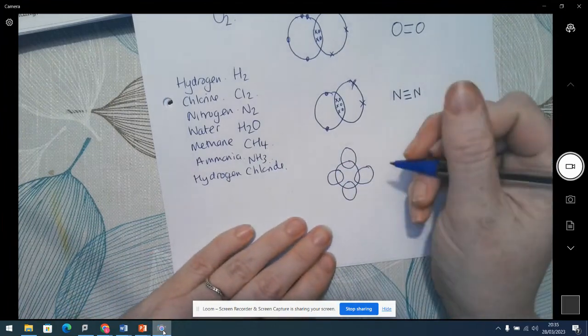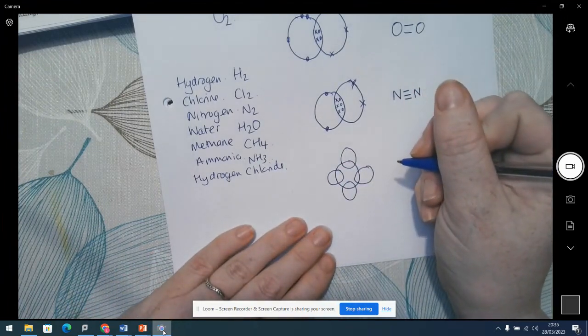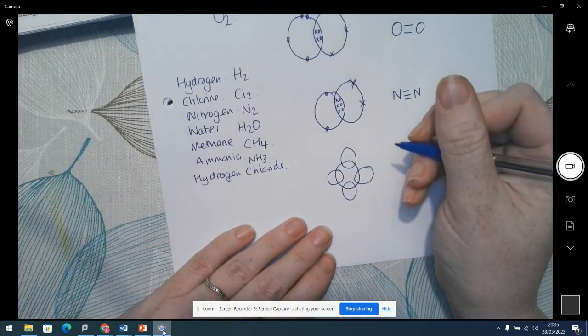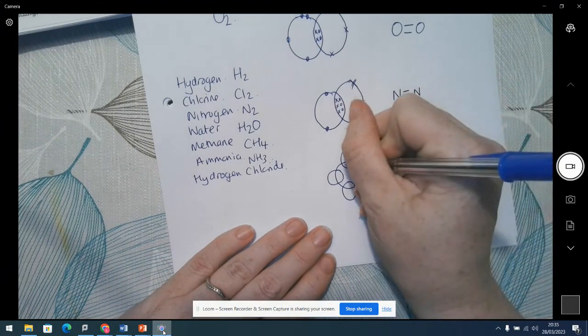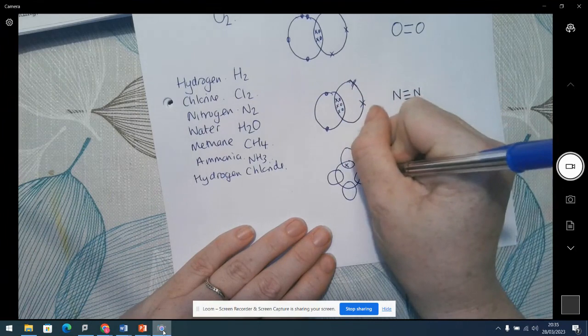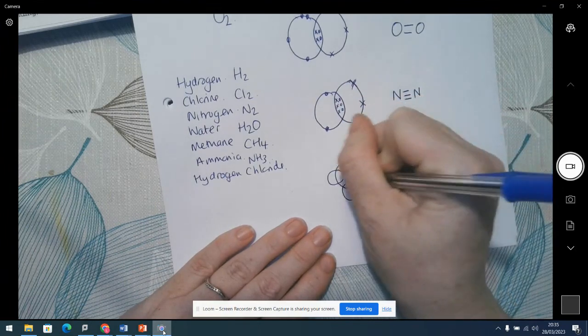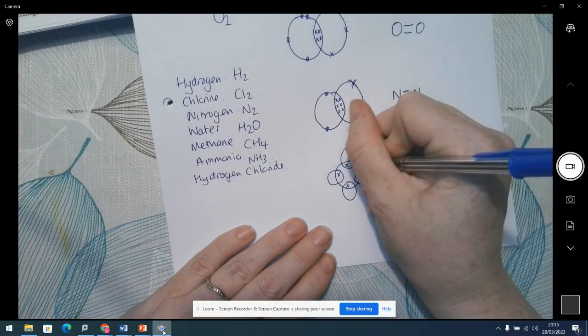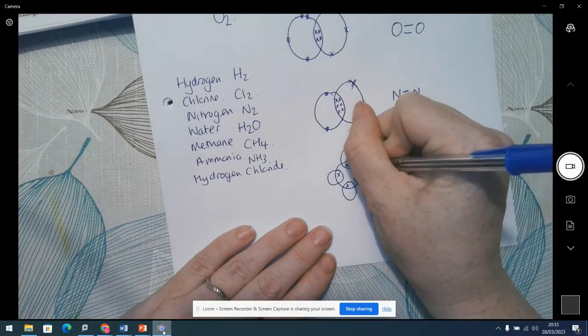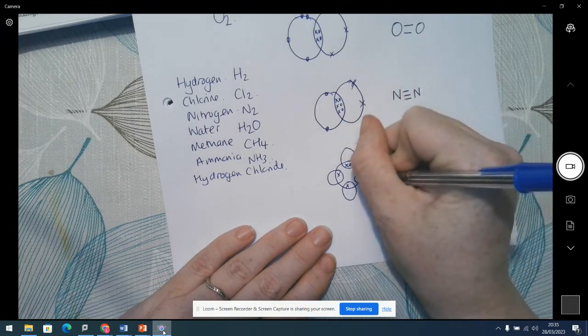Carbon has got 4 electrons, so it needs 4 to get a full outer shell because it's got to get to 8. So I'm going to show the fact that it's sharing 4 electrons. So it's got 4 electrons there to share. And hydrogen needs to share 1 electron. So there we go.